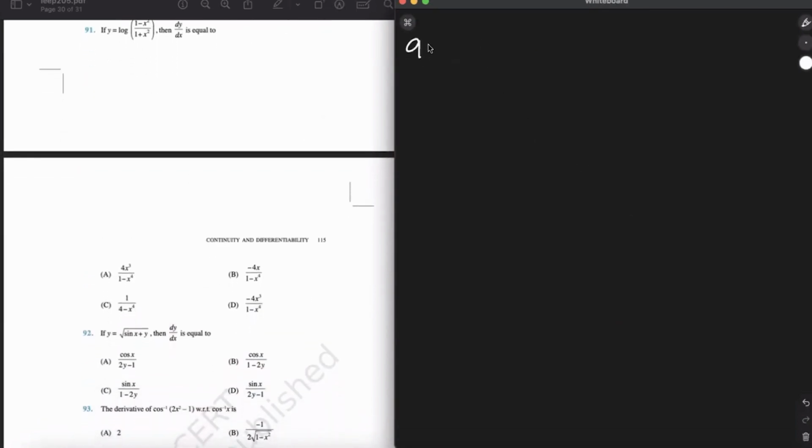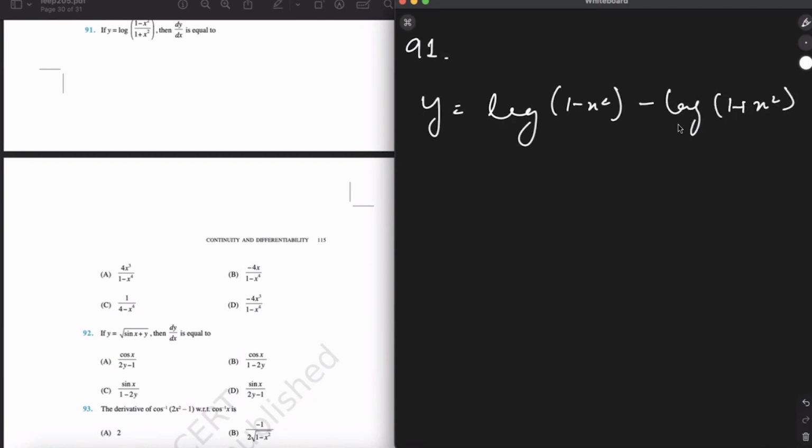Question number 90 first. y has been given as a log, and then we have to just differentiate it. Okay, so I can write it as y equals log of 1 minus x square minus log of 1 plus x square. Alright, this is clear.